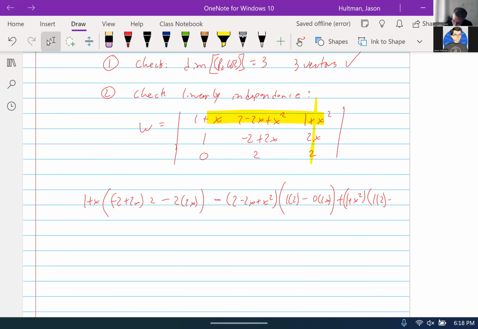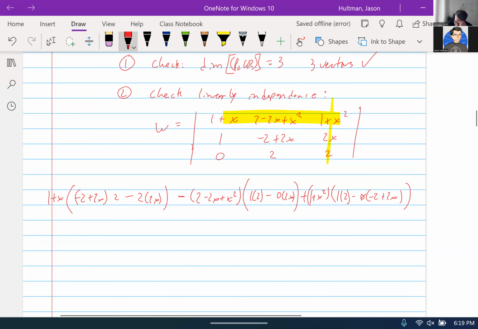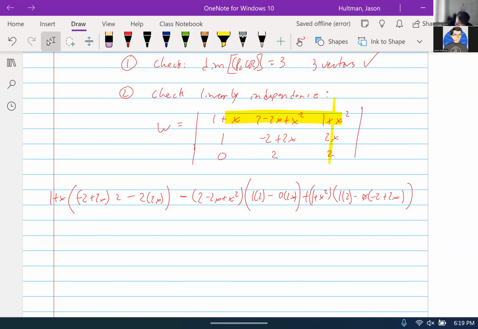Let me move this whole thing over real quick. Give myself a little more space on the paper. Okay, and then 1 times 2 minus 0 times -2 plus 2x. Okay, so let's clean this up. 1 plus x times inside here is going to be -4 plus 4x minus 4x.